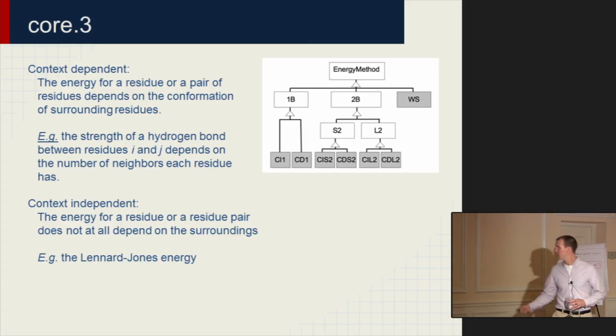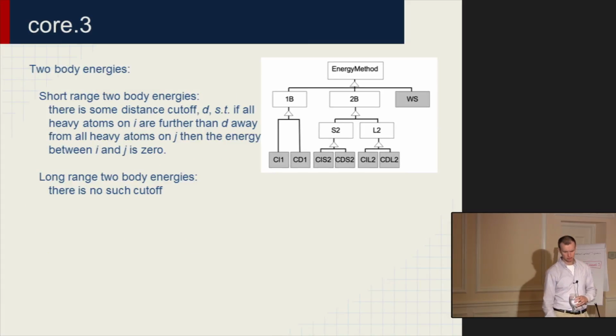And the way I've color-coded this here is that the grayed out boxes represent the base classes that are meant to be derived from directly by concrete energy methods, by ones that will actually be used in evaluating the score. None of these are actually used. You can't actually instantiate any one of these classes because they just specify kind of how they're to be treated, but not what they do.